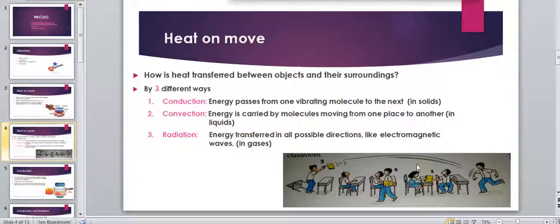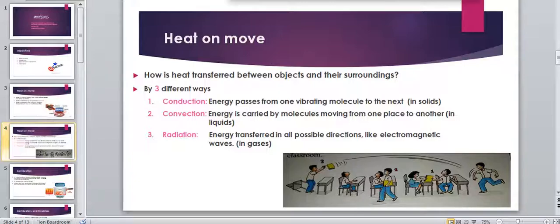Which is similar to the way that a book is being thrown to the back of the class without any carrier. So what do you say, students? Which way is the fastest way to get the book to the end of the class, or to the back of the class?